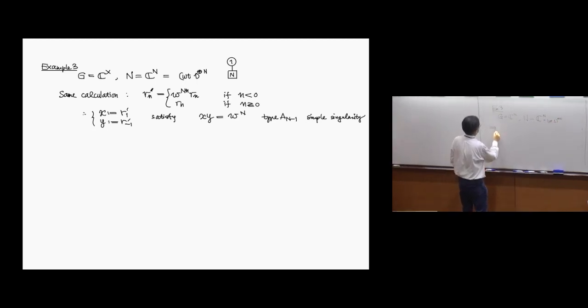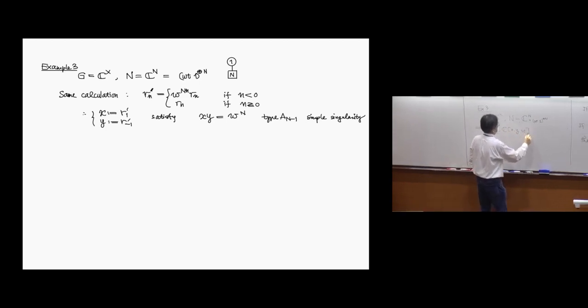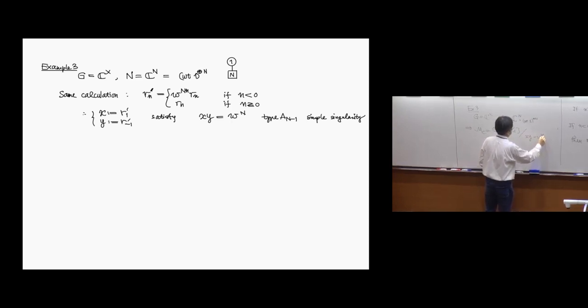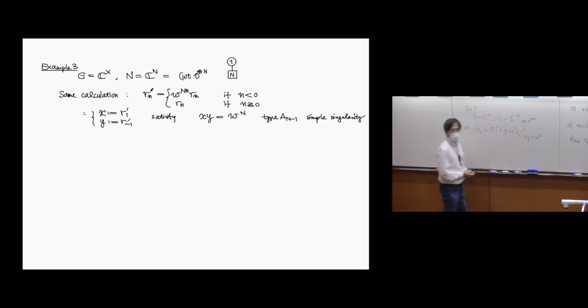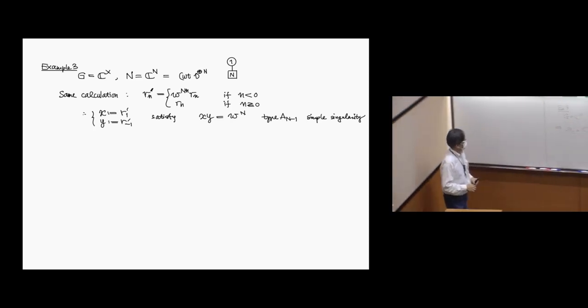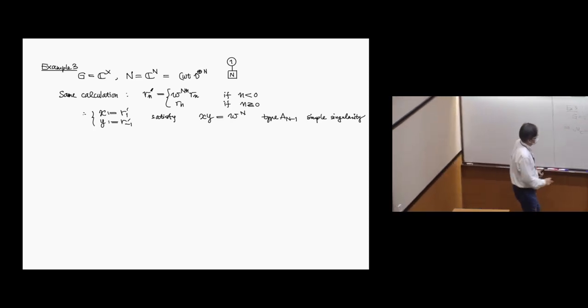So then the Coulomb branch is given by x, y, w, cut out by xy equals w to the power N. This is the Coulomb branch, and it has a singularity at the origin.